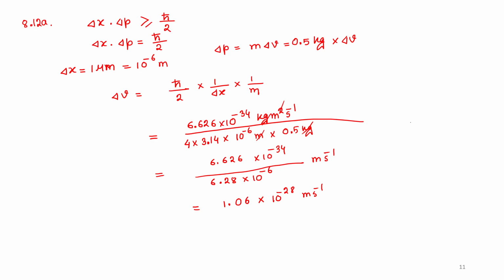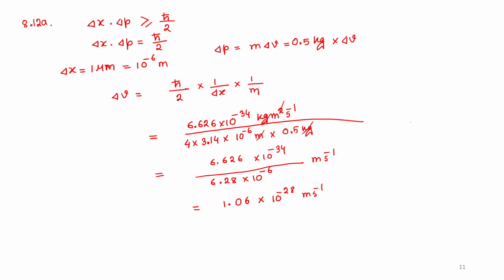It is something like a tennis ball, actually more than a tennis ball because it is half a kilo, more like a deuce ball, to be honest. So that is why the uncertainty in position, as well as the uncertainty in the velocity, is very small.